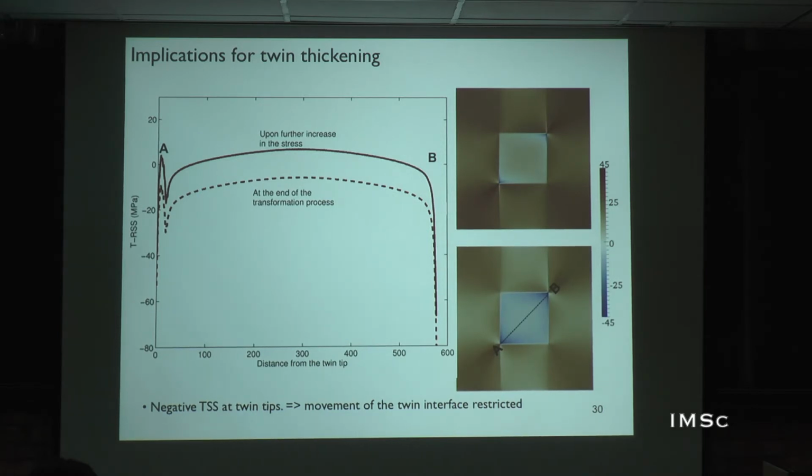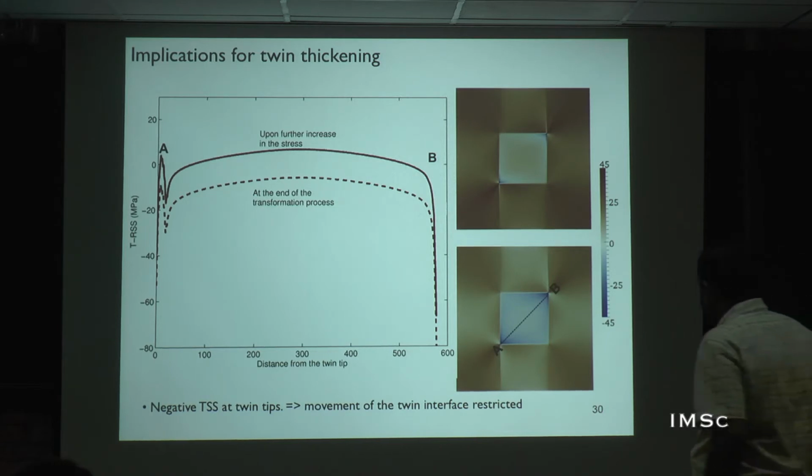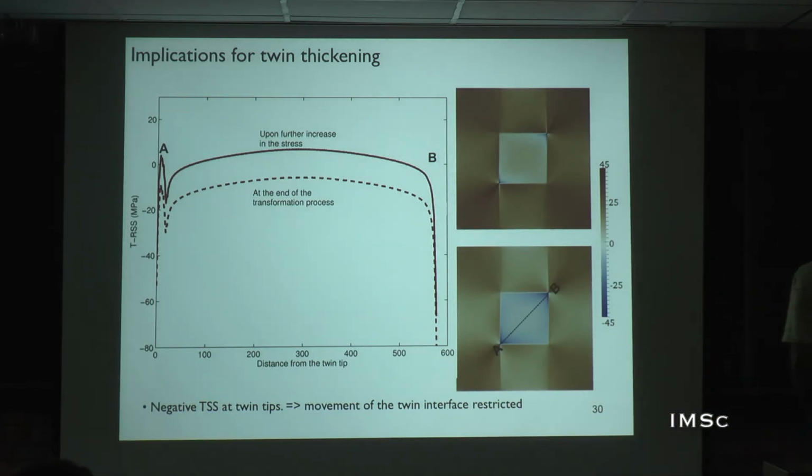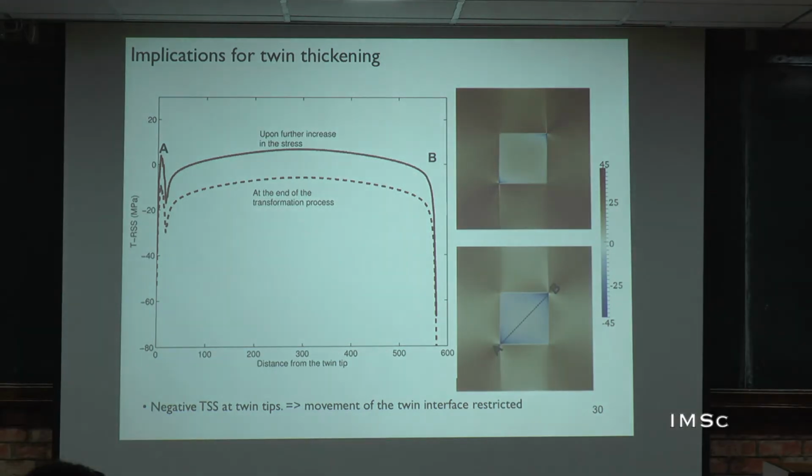The way to think of it is, you have a thin lamellar region and you want it to grow with further stress. For the growth to occur, you need positive resolved shear stress, and what you see is the variation here. If you go from here to here, only this region is positive, this region is still negative. That means the conditions for the twin to grow are not favorable.